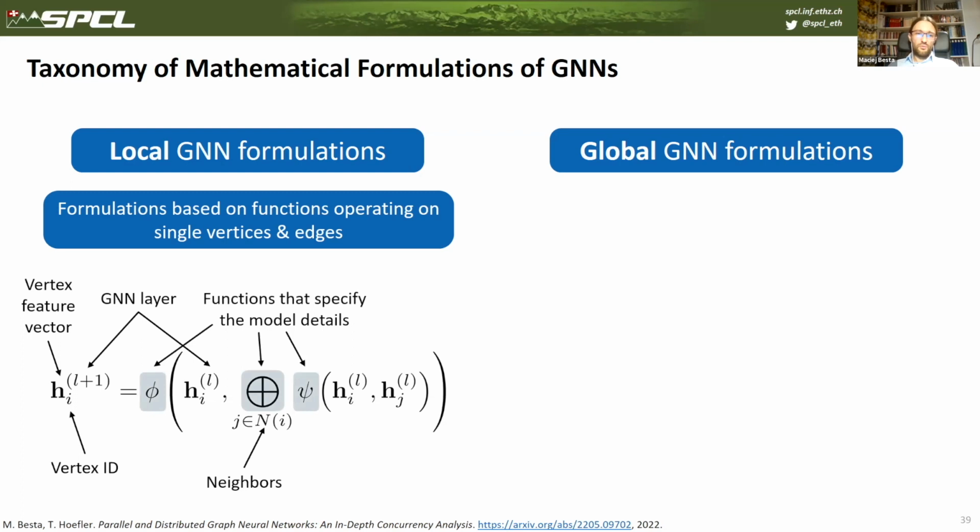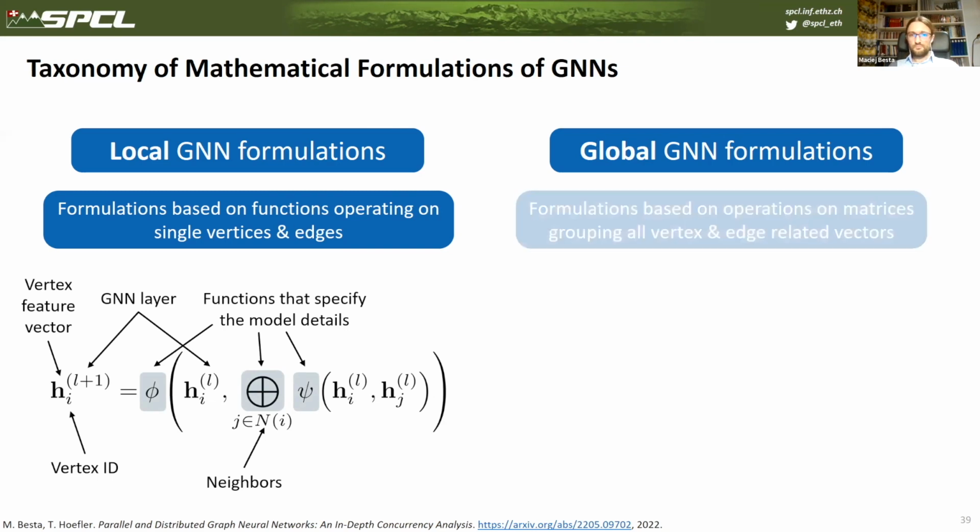And then finally, we have these three functions: psi, aggregation, and phi. These functions specify the details of the model, right? So once we provide the specific expressions for these functions, we have a concrete GNN model that we can use to run our predictions.